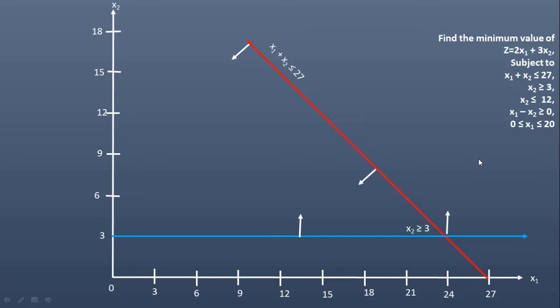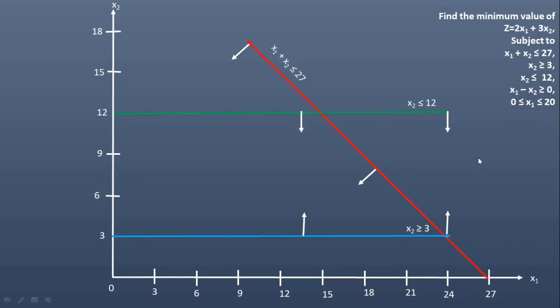Now let's plot the third constraint, x2 ≤ 12. I draw a line corresponding to x2 = 12, and the solution space is below it. If I take x2 = 9, it lies here. Any solution falling below this line satisfies x2 ≤ 12.